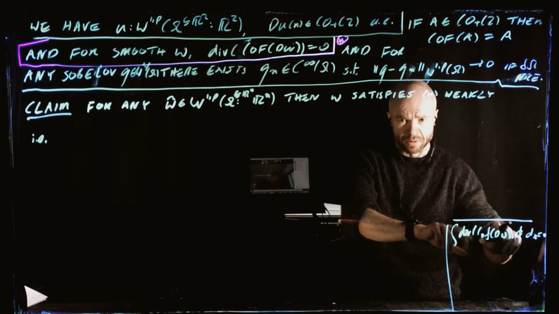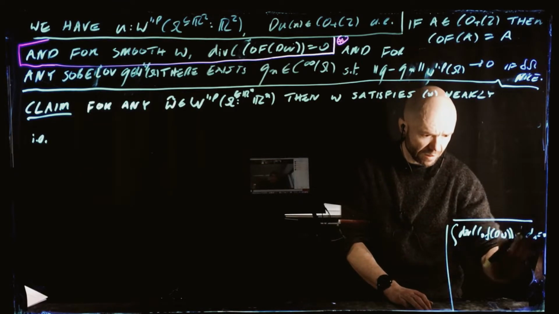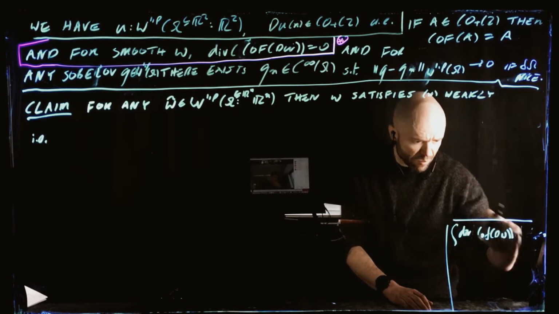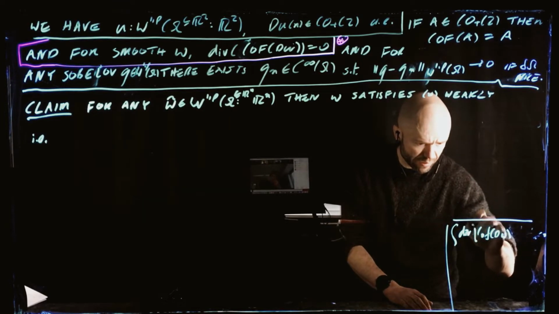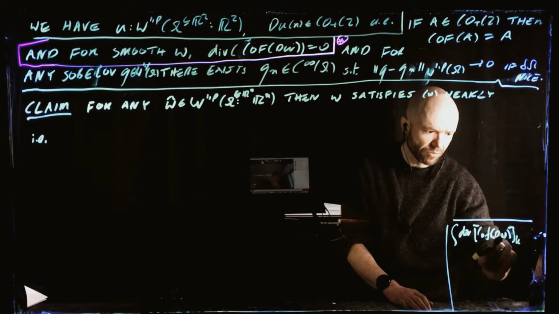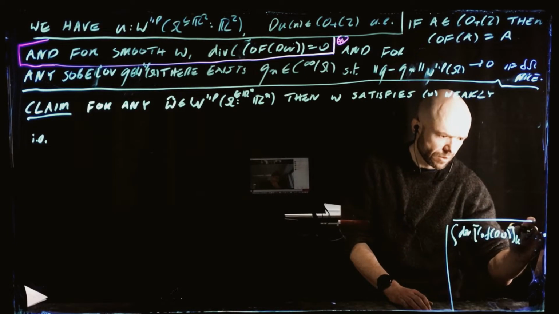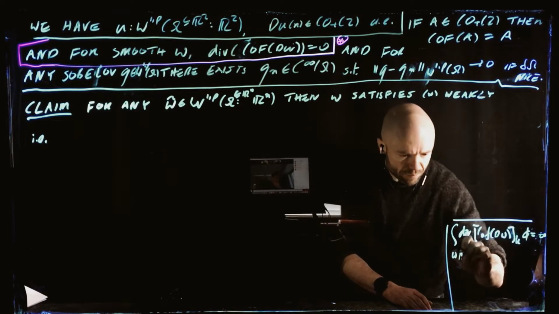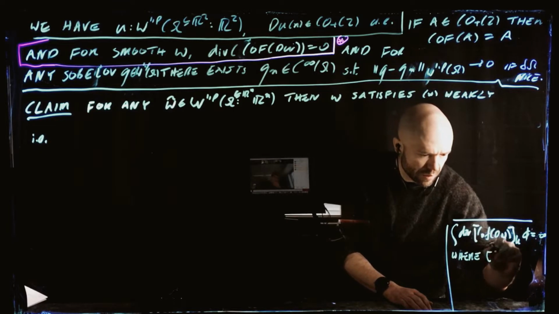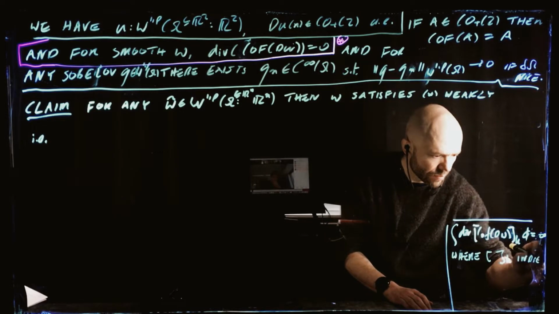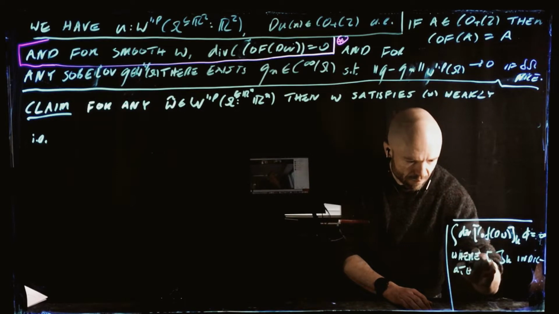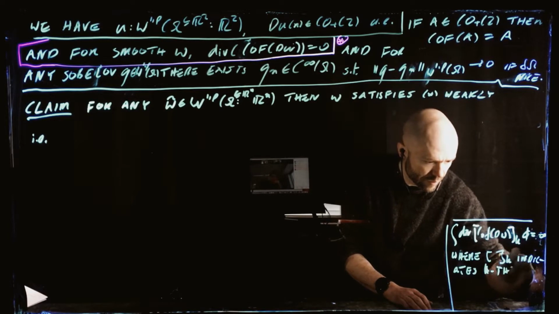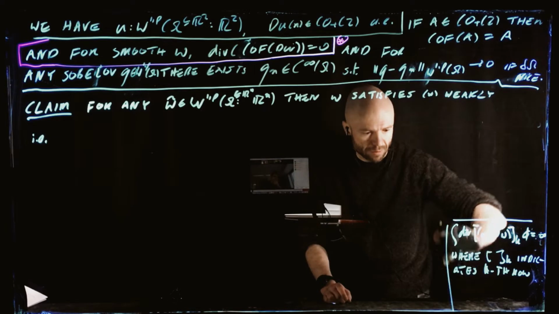To make that clearer, I'm going to put square brackets and an index to indicate which row: the divergence of the kth row times this function equals 0.